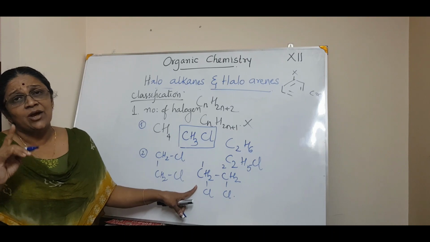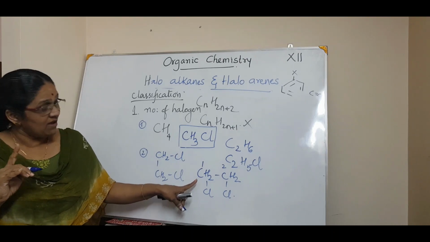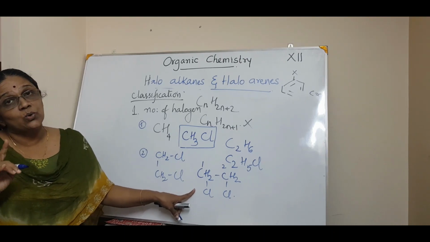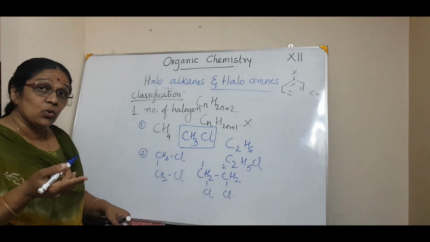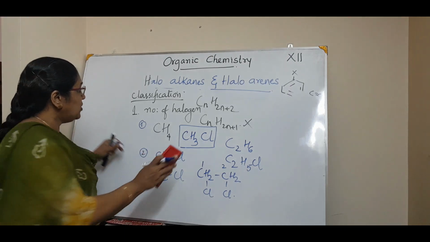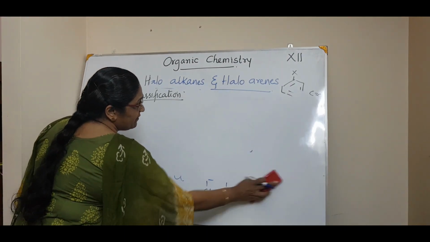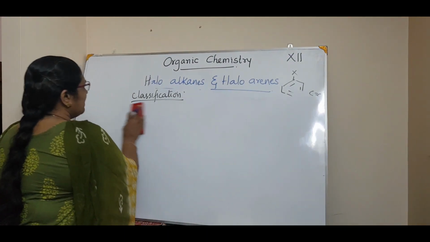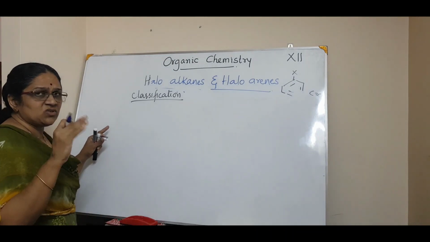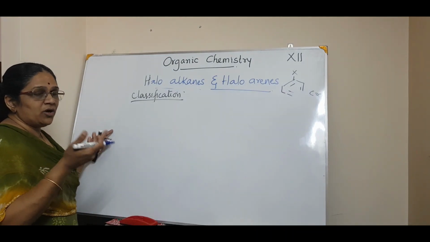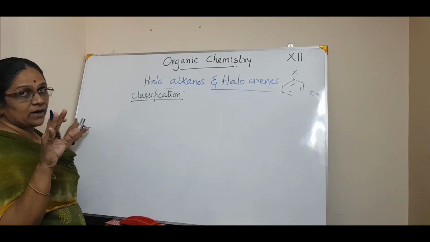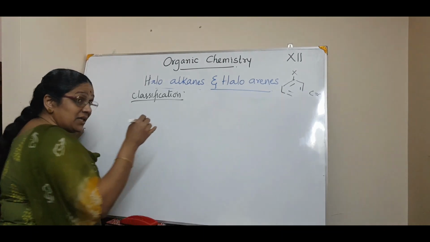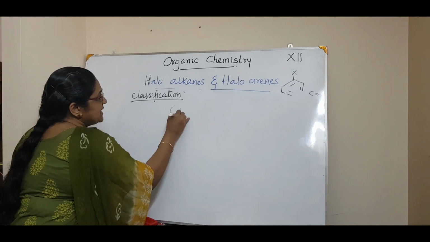So first it is a monochloro derivative, second a dichloro derivative, and third you can say a trichloro derivative. How will you recognize a trichloro derivative? It has only 3 halogen atoms, not more than 3. From your point of view, they will ask you about 3 chlorine atoms or 3 halogen atoms, a trihalo derivative.